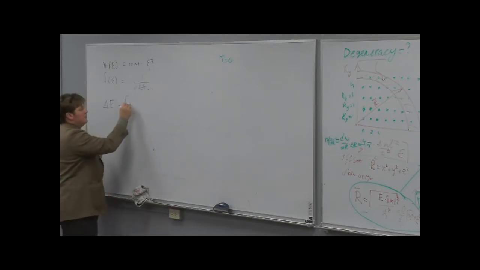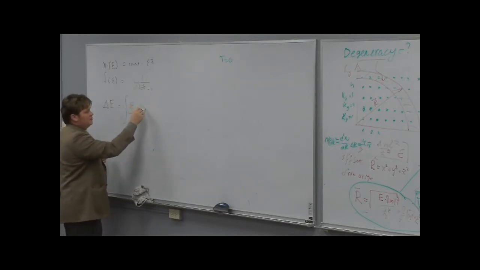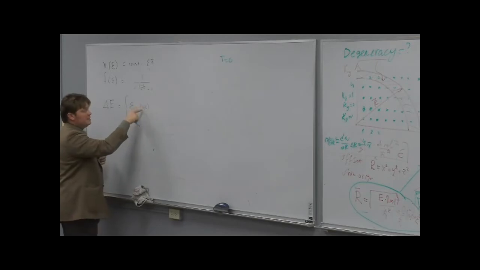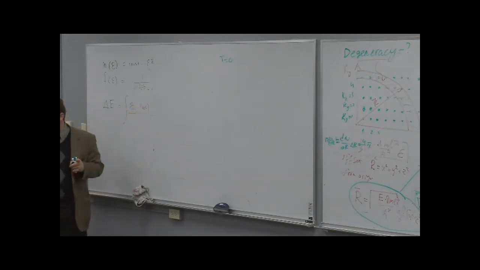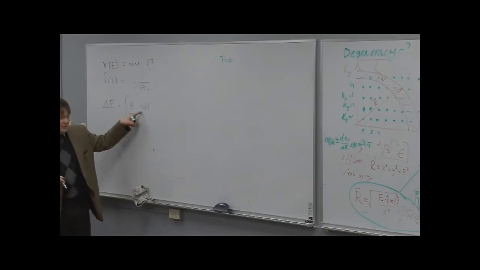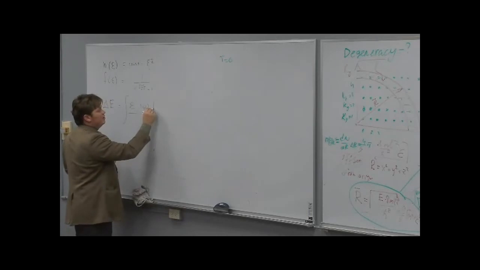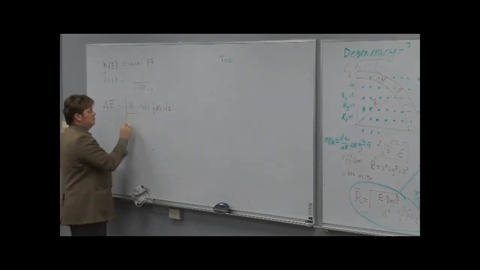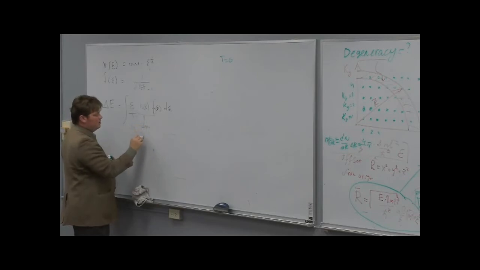So if you need to find the expectation value of energy, we put energy, we put density, the probability that there are states at such energy, and the keyword is degeneracy, times the occupation of such states as a function of energy. So energy, degeneracy or density of states, and here occupation.